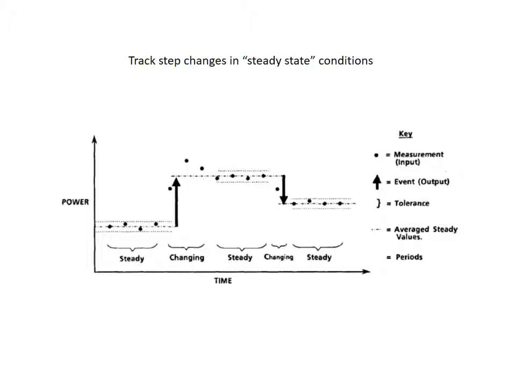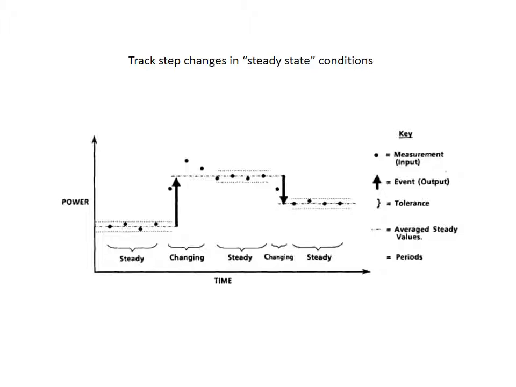And so what we're really looking for is being able to quantify in each case all of these events, these black arrows that represent step changes. And what we want to account for is some tolerance in what those steady states are. You can sort of see what look to be confidence intervals around each steady state.